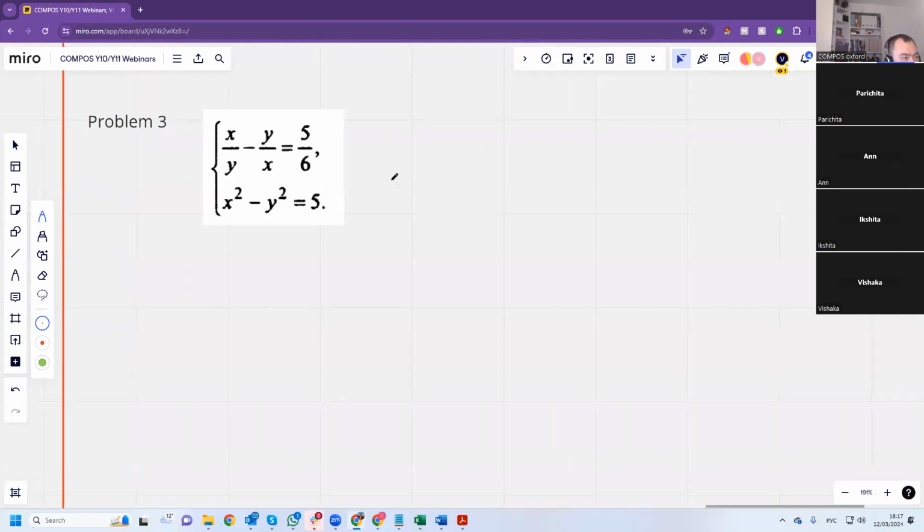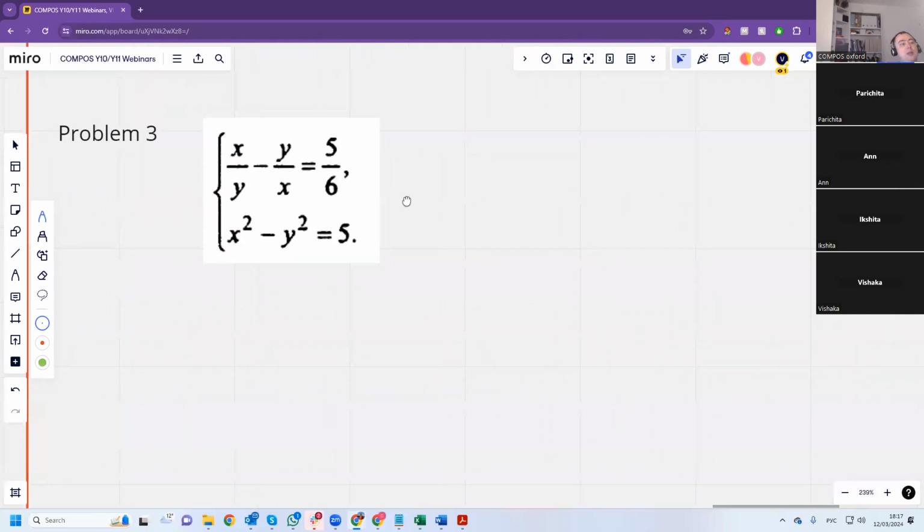Problem 3. Well, it doesn't look like you can do a substitution here, or can you? You could potentially do a substitution.